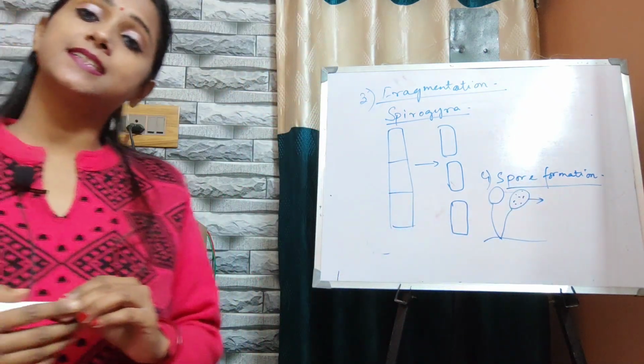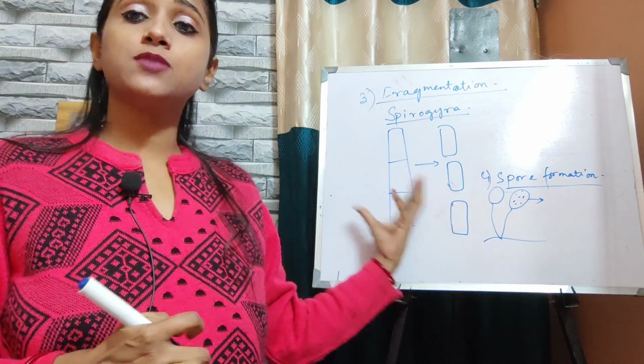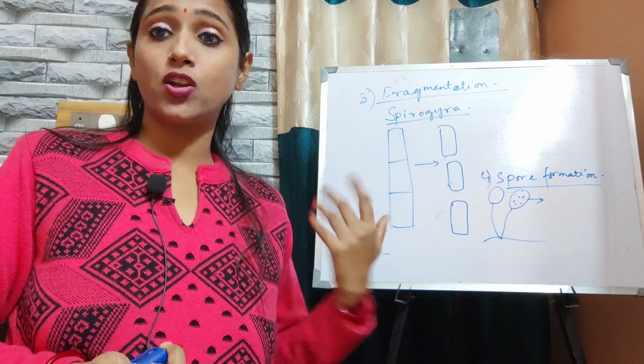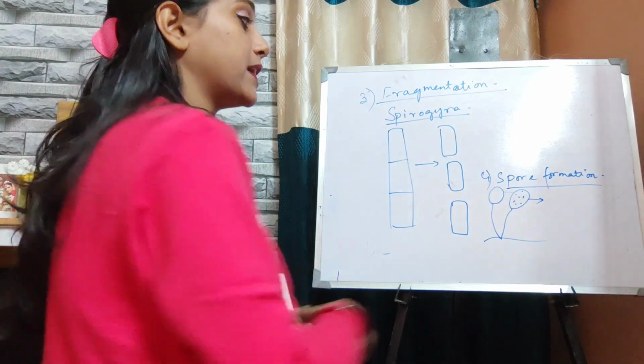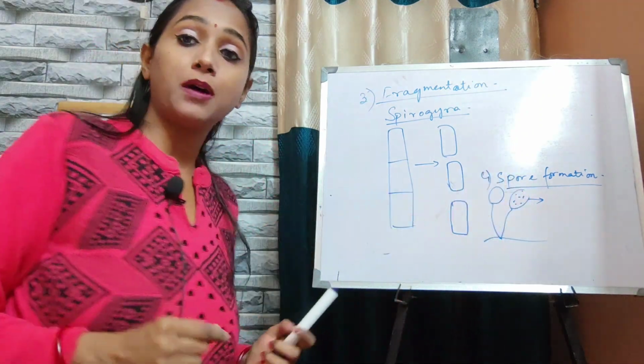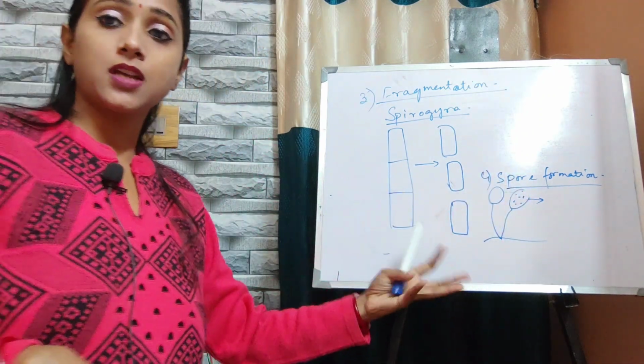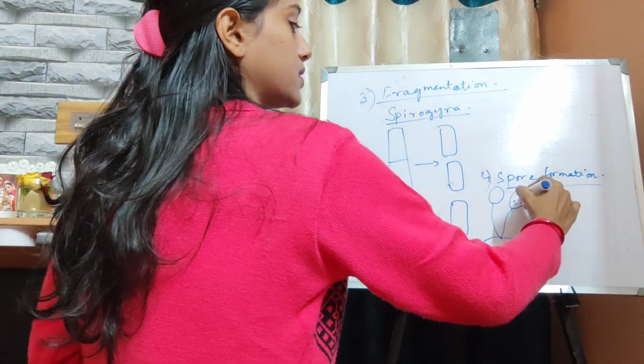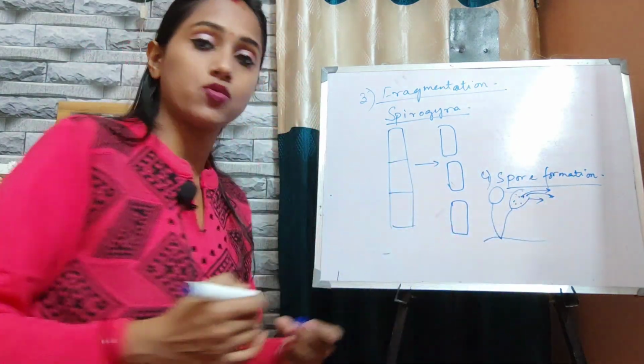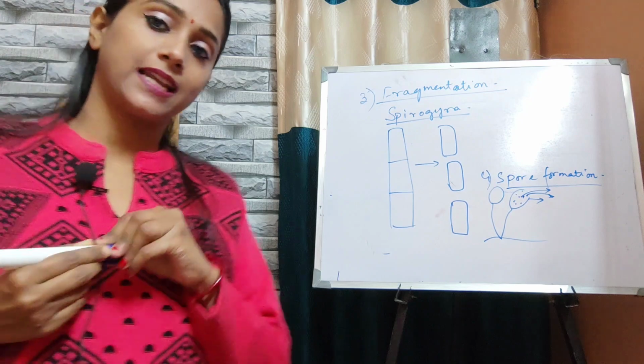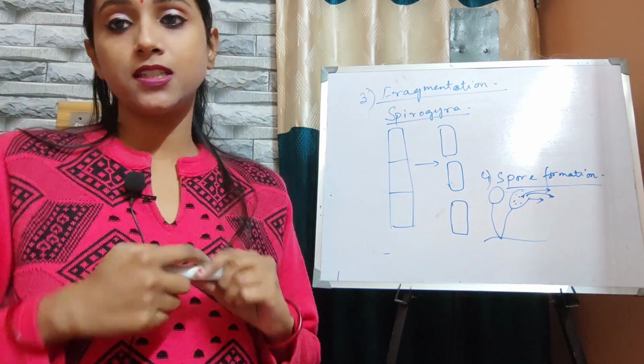These are regarded as spores. Now when this sporangium becomes mature and cannot hold any more spores, it will burst out, just like in multiple fission. When they burst out, all these spores will come outside, and from there new organisms will be formed. So this is spore formation.